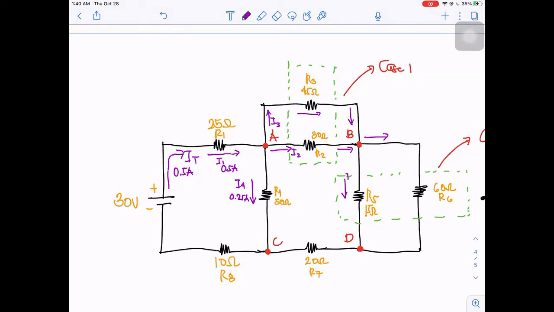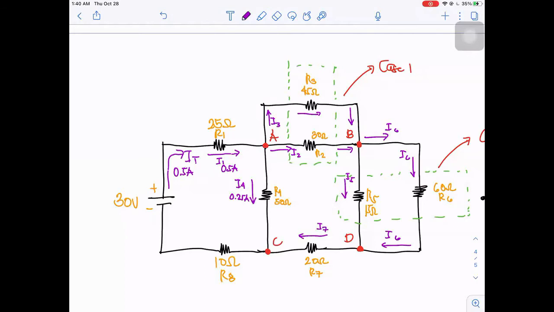So let's say this is I5, and this current is I6. So the same current that will go down here, we have I6, and we have also another current, we have I7.